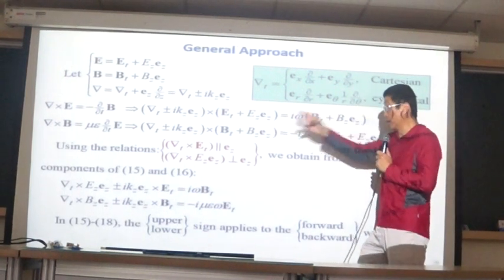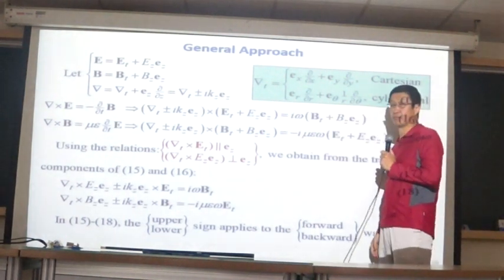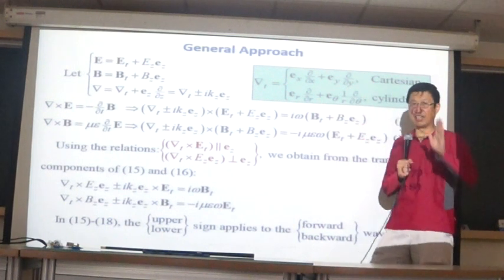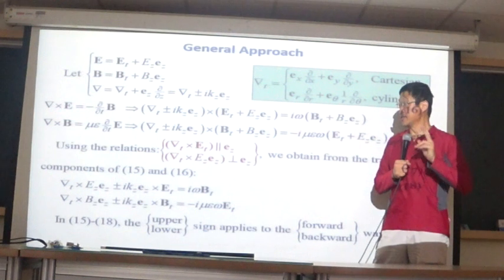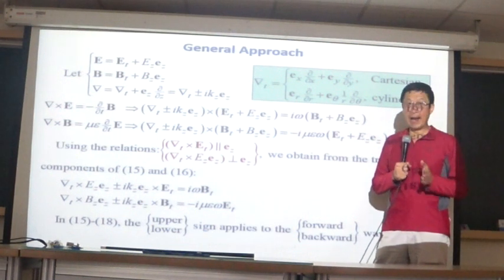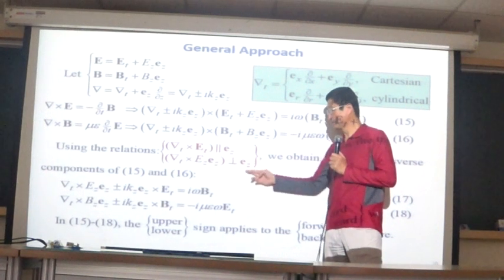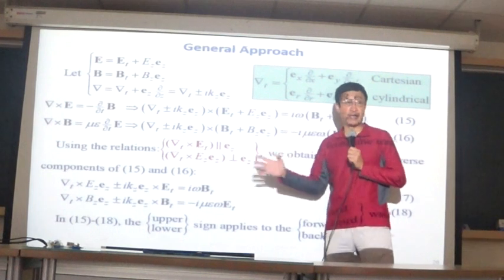The same, we can use the same approach. Separate them. What's next? Next, we should divide it into two parts. One is parallel to the Z component. The other is perpendicular to the Z component.